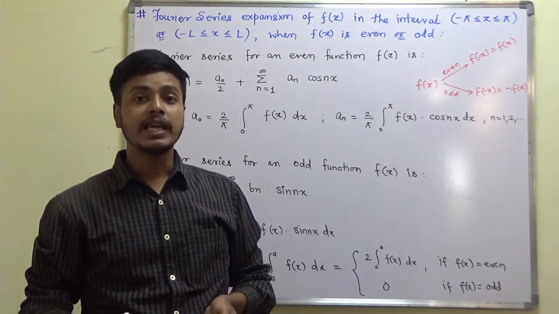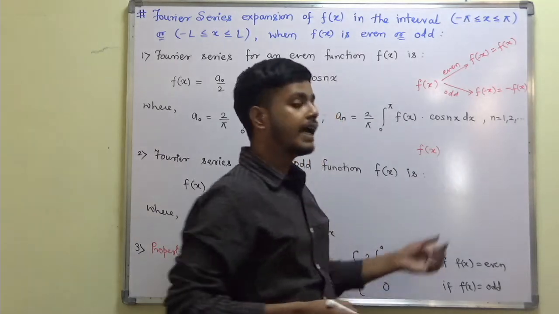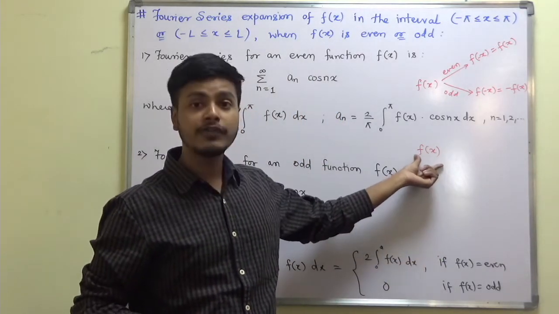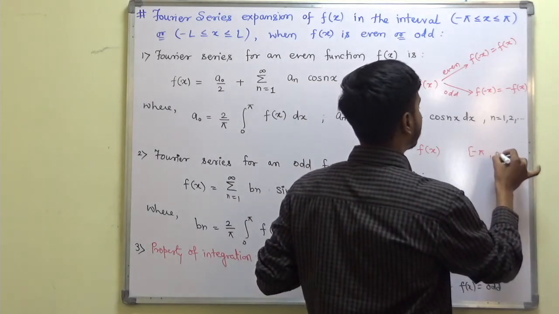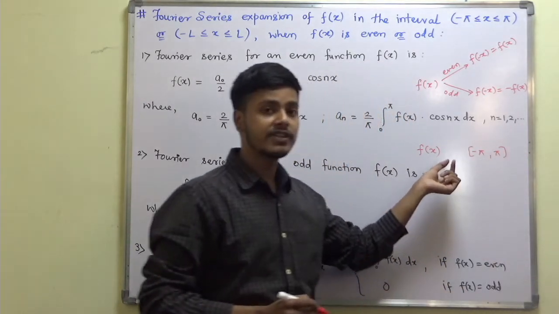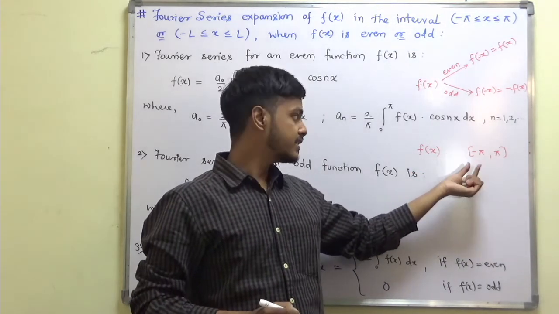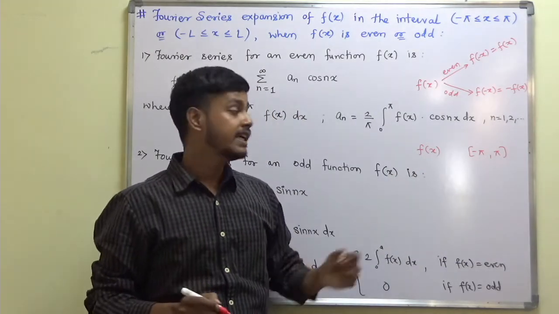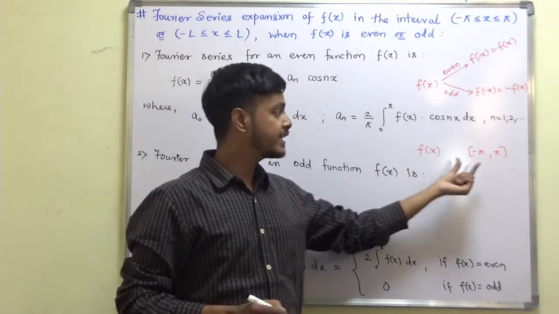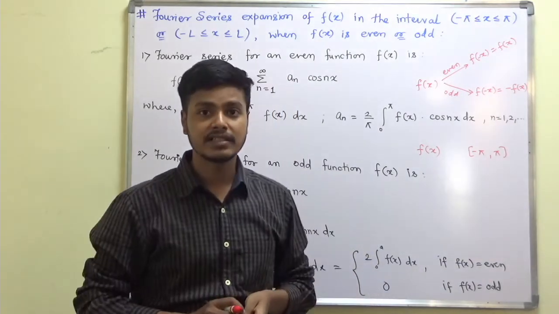If you have a function f of x in the interval minus pi to pi, then this function is said to be an even function if its graph in the interval minus pi to pi is symmetrical about the y-axis.